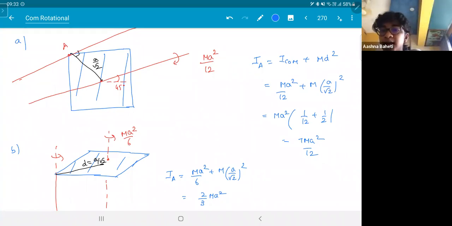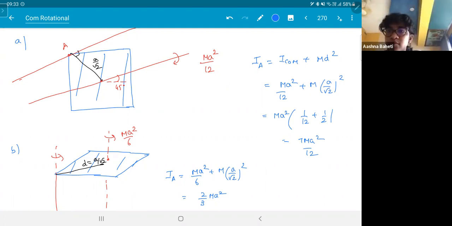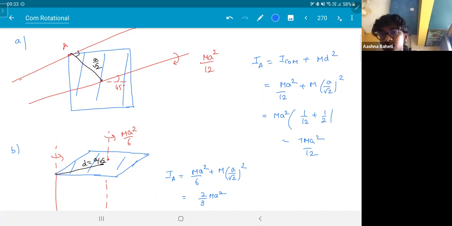So in the second one, why are we not using the perpendicular axis theorem? Why should we use it? When do we use the perpendicular axis theorem? For sheets. So it means you can't use the parallel axis theorem for sheets? See, you want it about this axis, right?